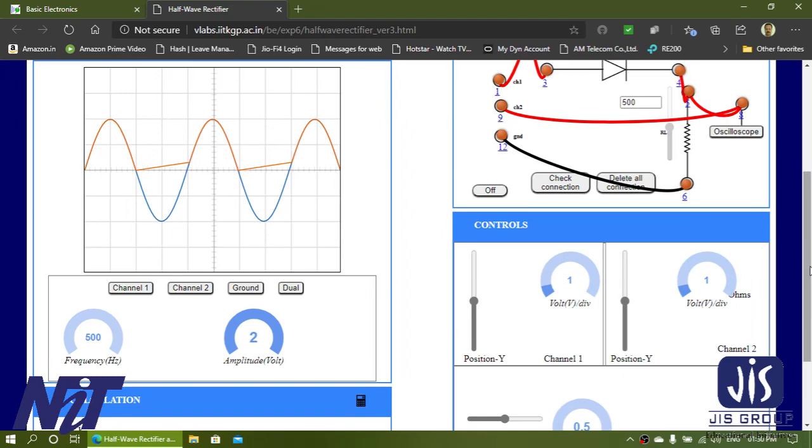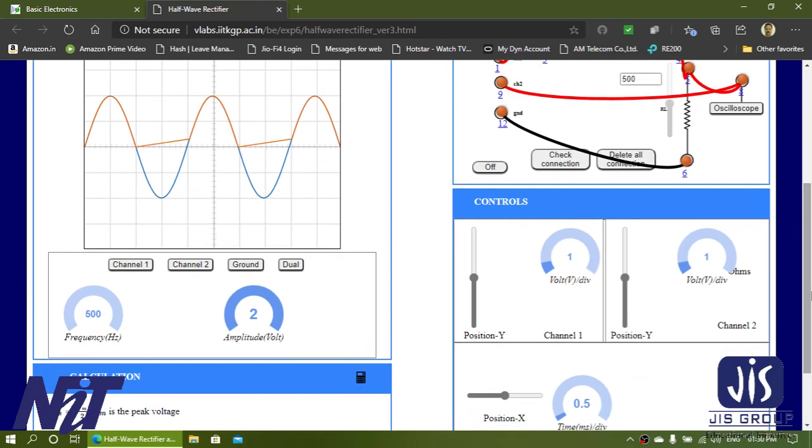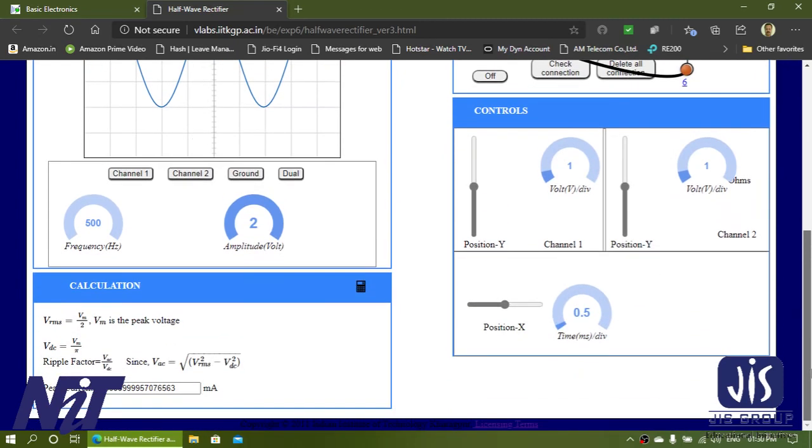If you want, you can vary the amplitude to a different value from the function generator or signal source and do the same calculation. I will not repeat it here because our VM is the same 2 volt.